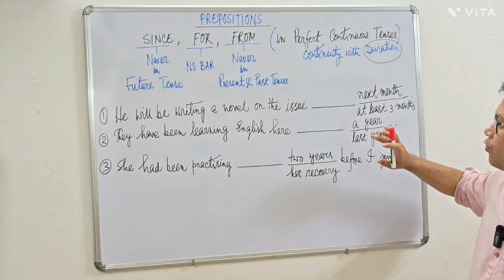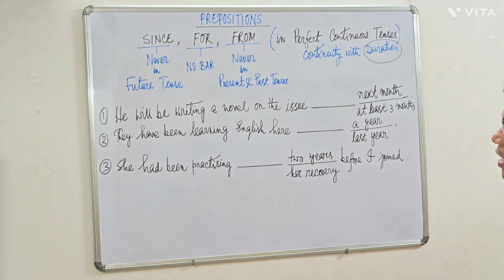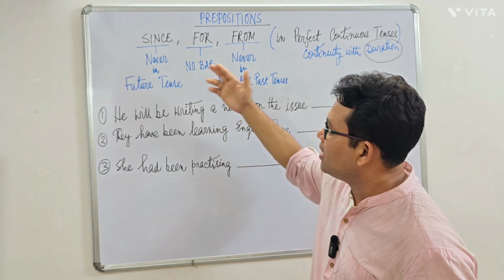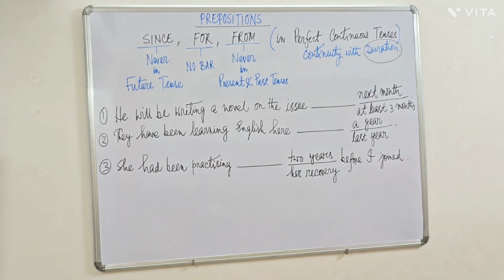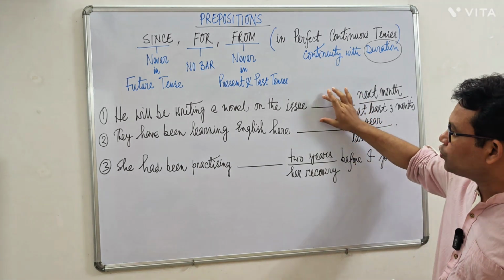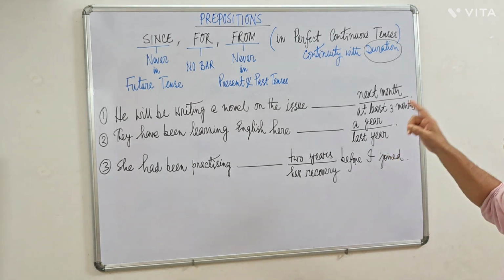So here we have two options. We have to use either "since," "for" or "from." Now since it is future tense, obviously by this rule "since" is automatically opted out. So we are left with "for" and "from." So do we get over here any clear-cut duration? If yes, "for"; if no, "from."